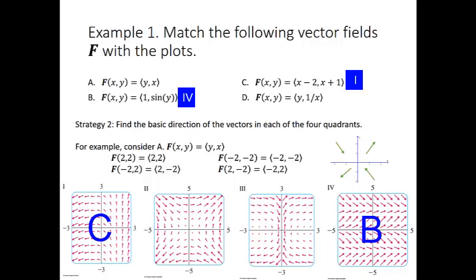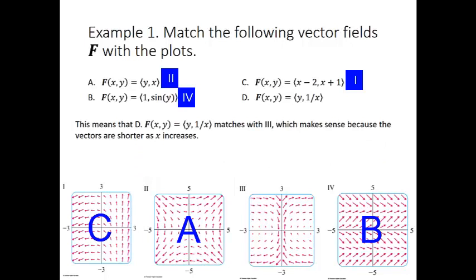Looking at our remaining plots, this matches up really nicely with plot 2. So it looks like vector field A, which takes the point xy to the vector yx, is depicted in plot 2. That means that vector field D, which takes a point xy to the vector y, 1 over x, should match with plot 3.